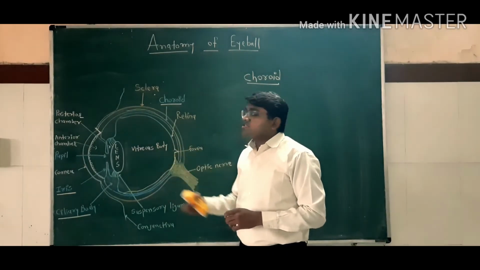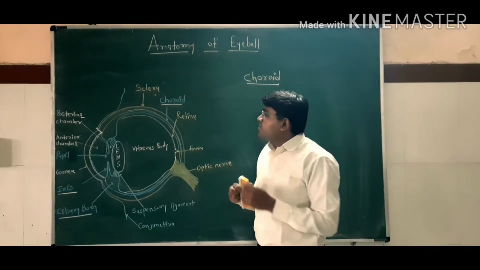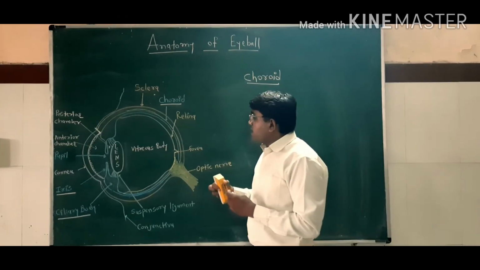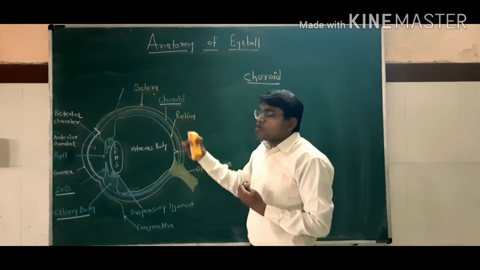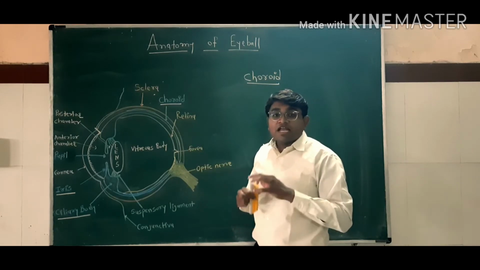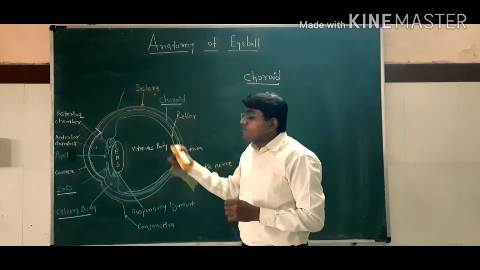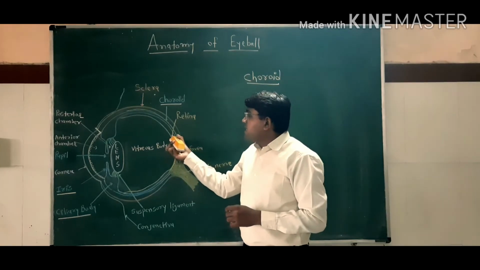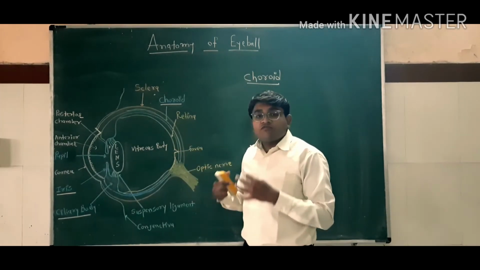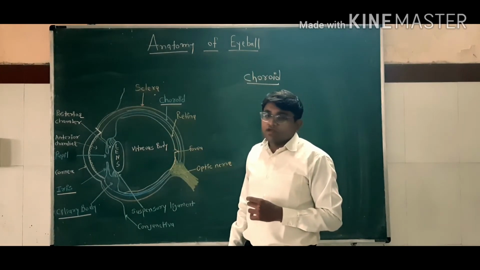But the choroid is not firmly attached to the sclera, so we can peel the choroid from the sclera, but we cannot separate the choroid from the retina, because in this area the retina and choroid are firmly adhered to each other.